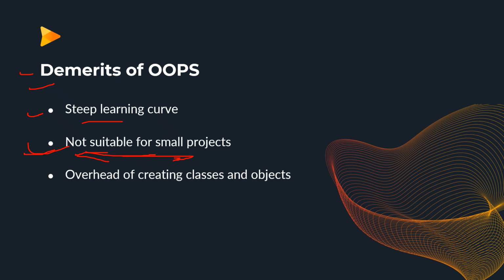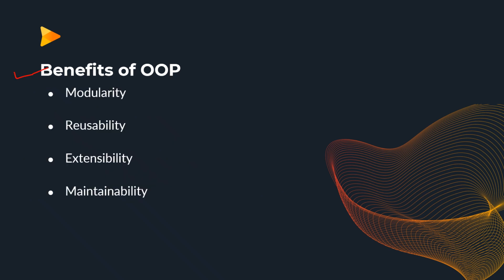OOPS is used for bigger projects like application development or web development. Then there is the overhead of creating classes and objects. It is difficult at first and we have to understand all these things, but if you understand them, then it is very easy to create classes and objects.